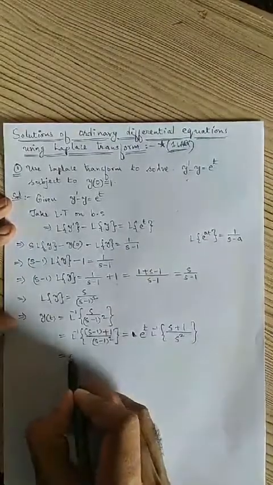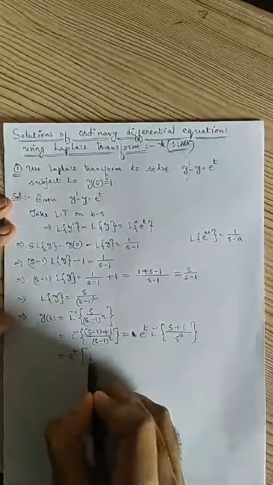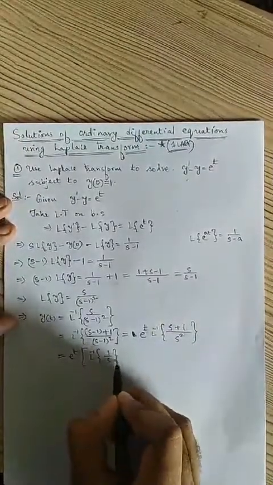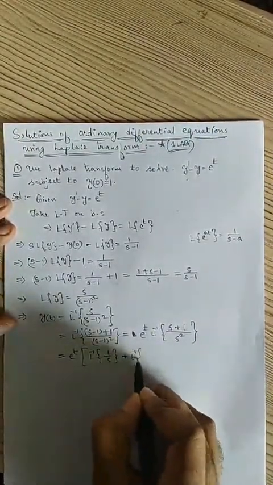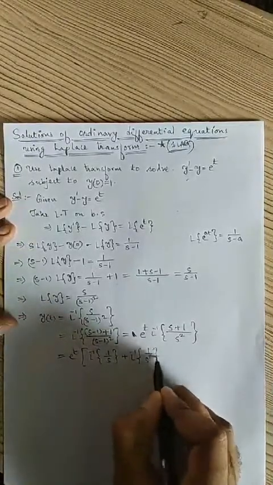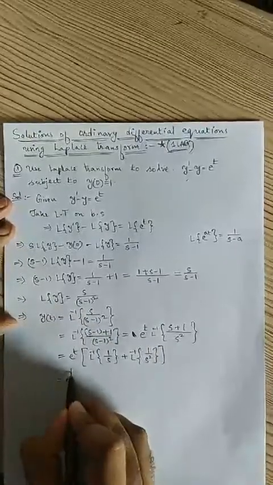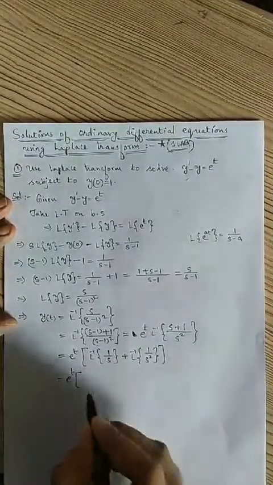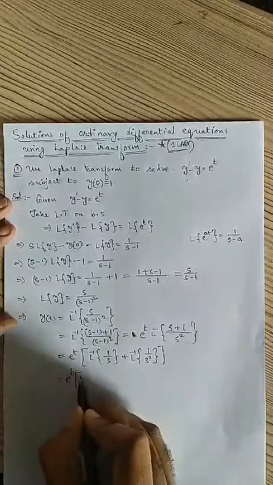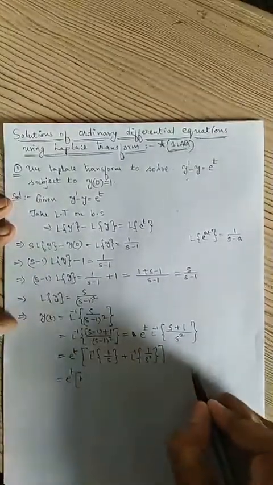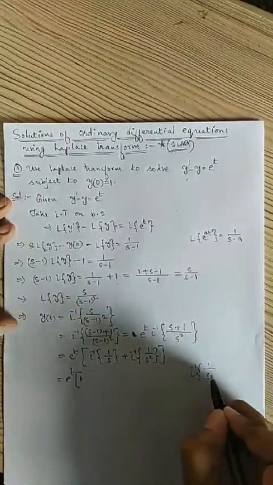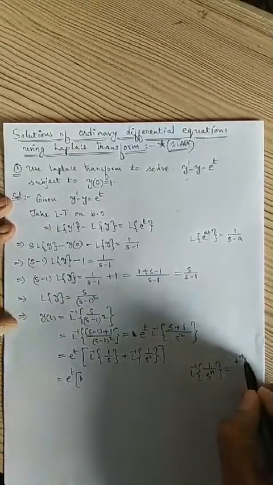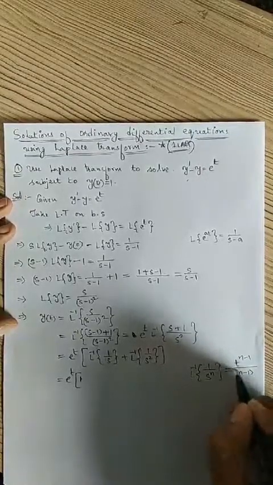Now I will separate this: e power t into Laplace inverse of s by s square, which is nothing but 1 by s, plus Laplace inverse of 1 by s square. Right? This is equal to e power t into Laplace inverse of 1 by s, first formula, which is 1, and Laplace inverse of 1 by s square. We have to use the formula Laplace inverse of 1 by s power n is given by t power n minus 1 by n minus 1 factorial.